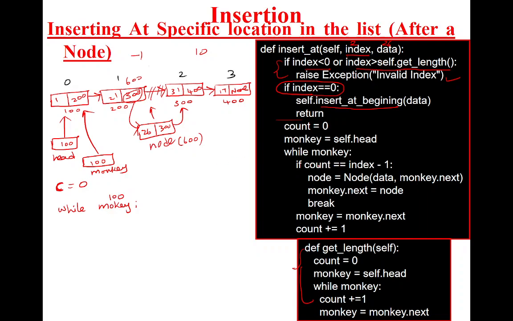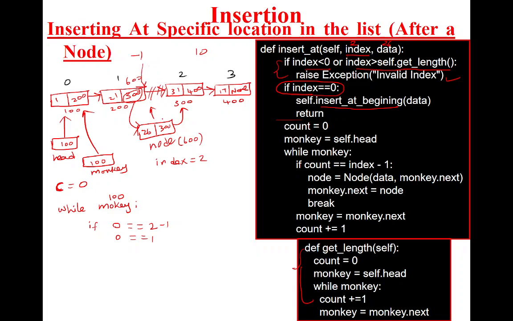So it will come into the loop and check count equal to, what is count? 0. Okay, 0 equal to index minus 1. What is the index they have given? We want to insert at the second position, that is the index. They are giving it as 2. So index is 2. It will compare with index minus 1. 2 minus 1 is 1. It will compare 0 against 1, because first we have to go to this location, right?